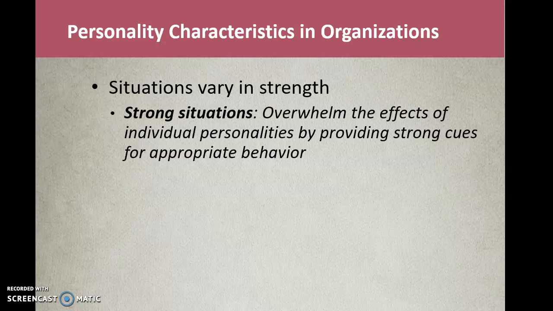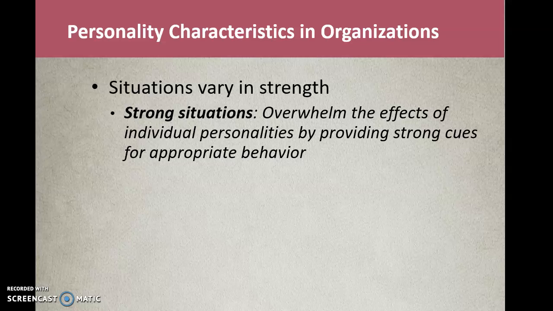There are strong situations that overwhelm the effects of an individual's personality by providing strong cues for appropriate behavior. The employee knows how to respond in that situation. They know they need to act in a certain way. The textbook gives us the example of a performance evaluation.